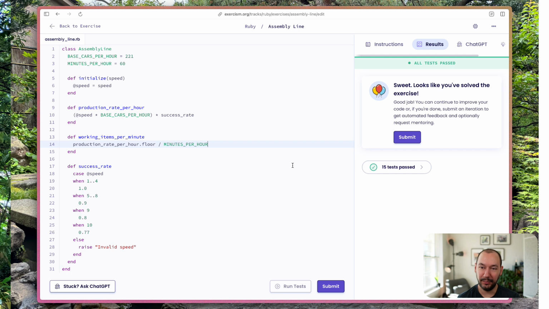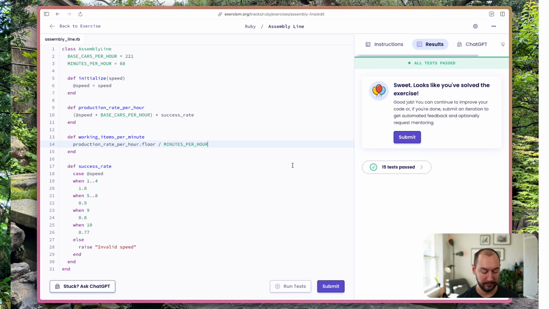And honestly, because it's one of those definitions that, like, why are we defining this?